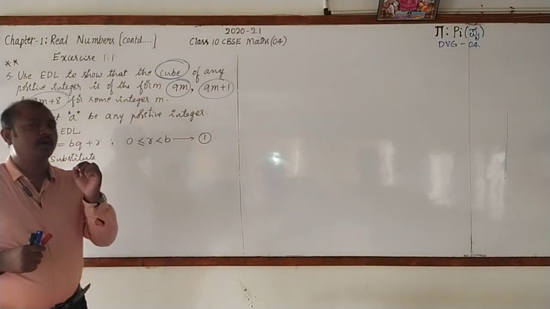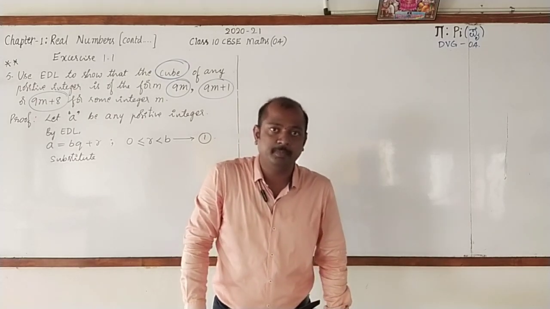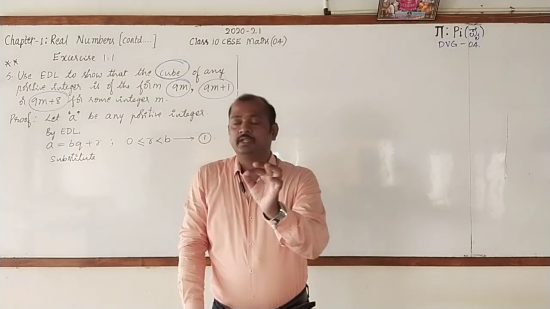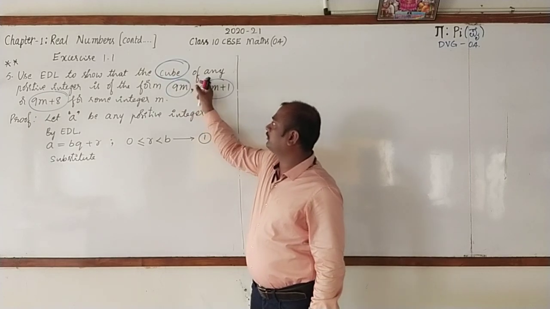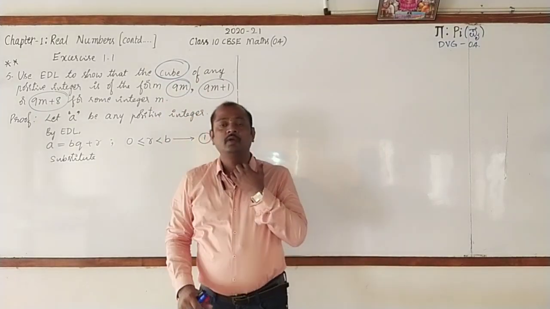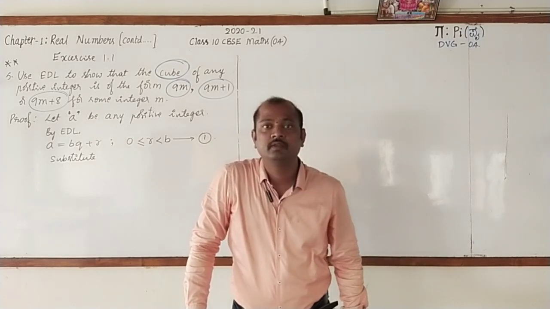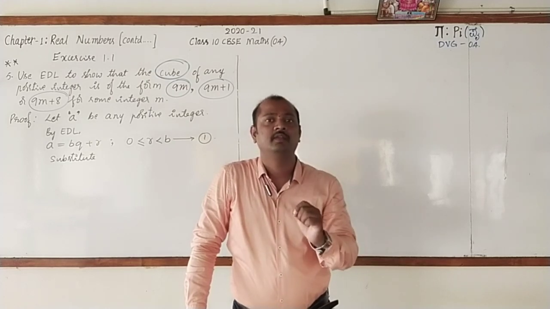Then you all may be thinking why sir is telling to take 3 in place of b. I give you the reason. You are going to express the cube of any positive integer in this form. If you take 3, what is the cube of 3? 3 cube, 27.